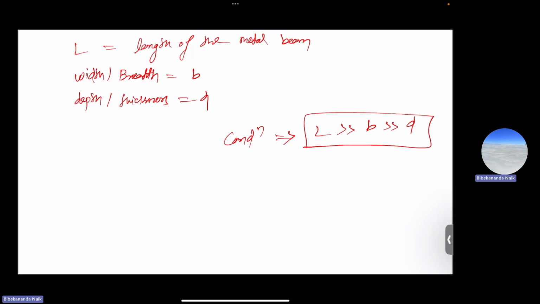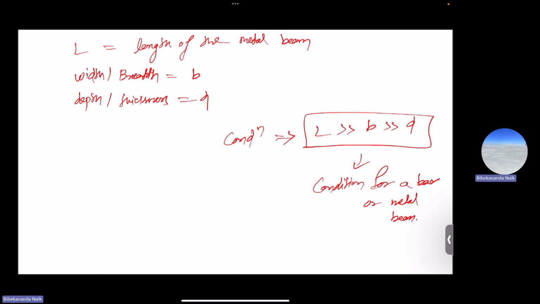So this is the condition for a bar or metal beam.